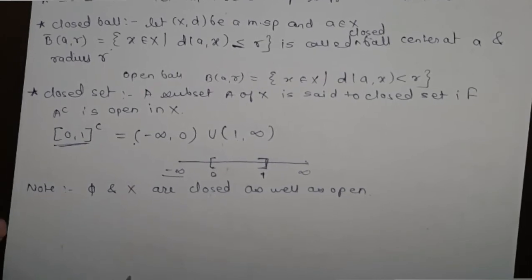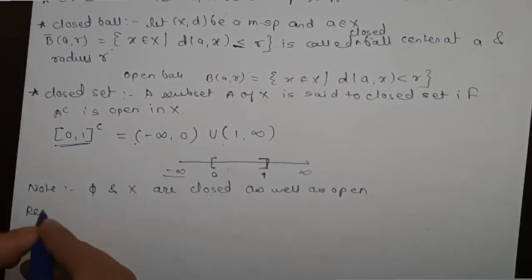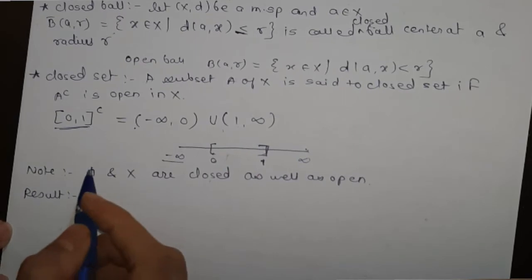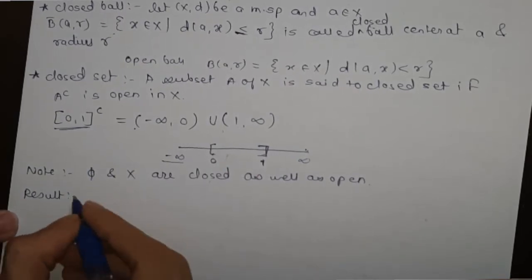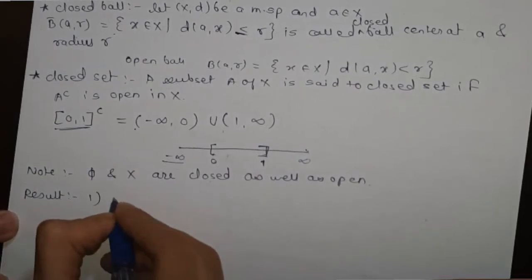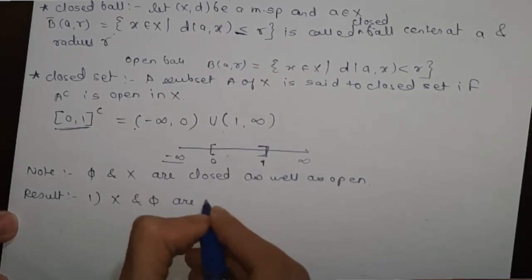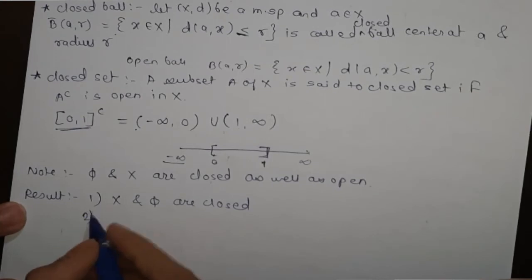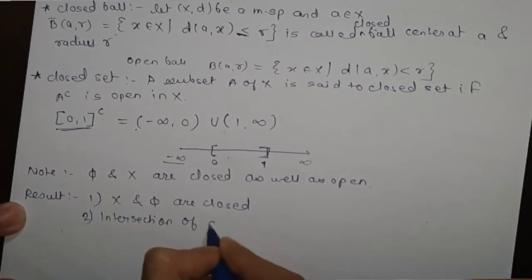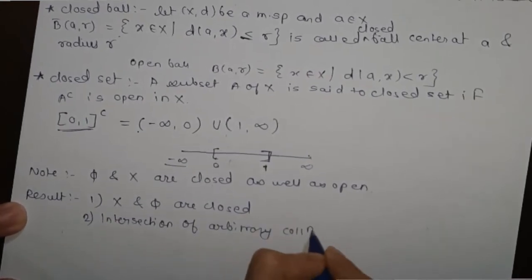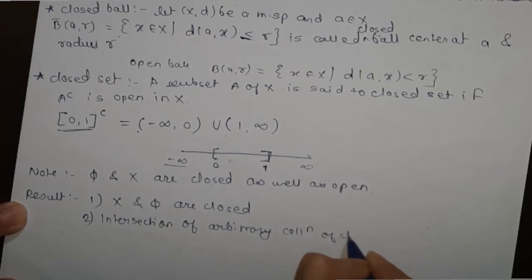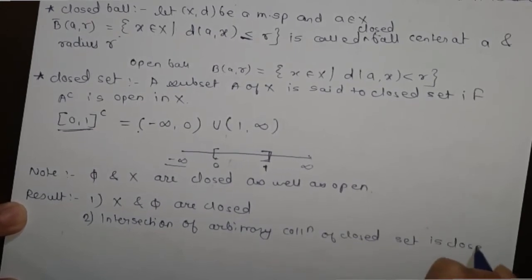Okay, so we will see some results based on closed sets and closed balls. So first, phi and X are closed. Our second result is that the intersection of an arbitrary collection of closed sets is closed.